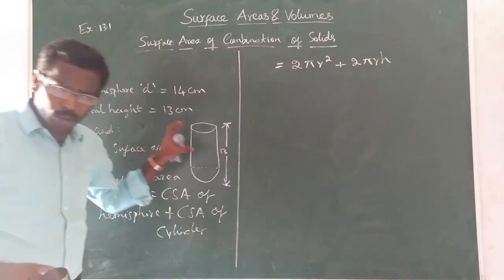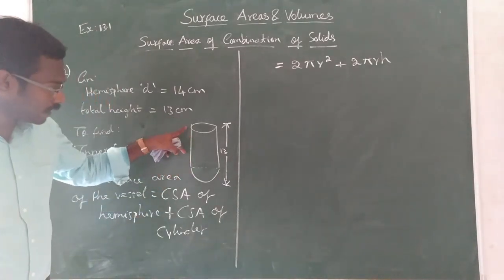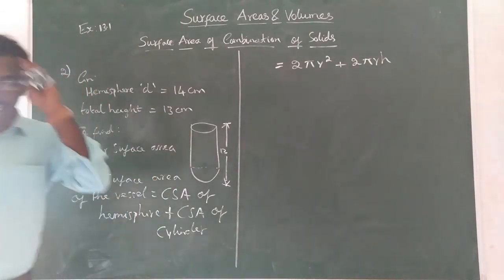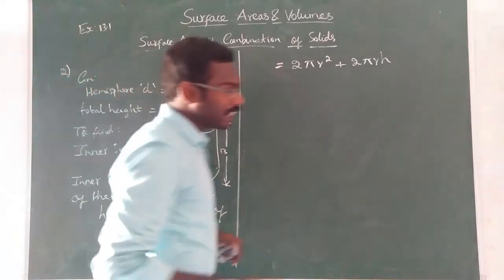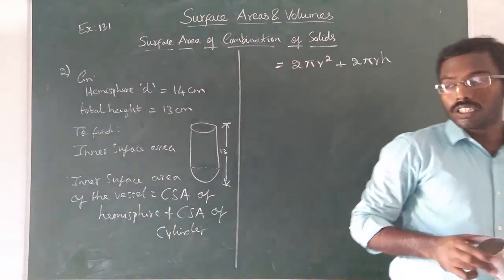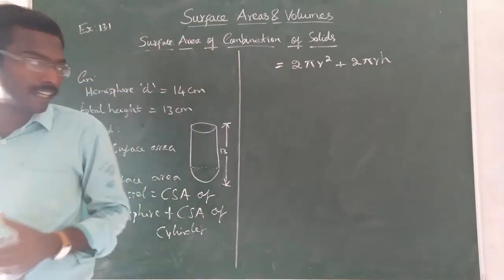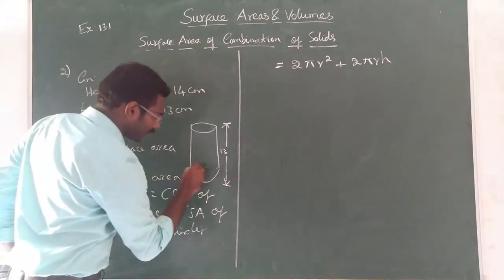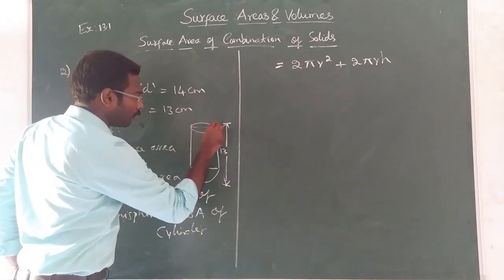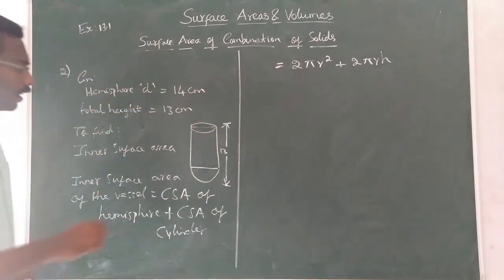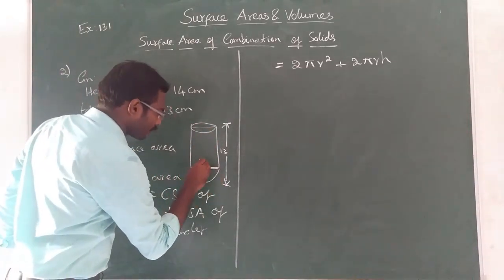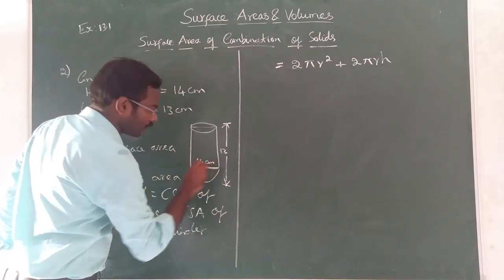So here we have two shapes, one is the cylinder and another one is the hemisphere. But in the question it is mounted, so a separate diameter is not given. Therefore, this diameter and this diameter are the same. Therefore, this diameter is 14 centimeter.